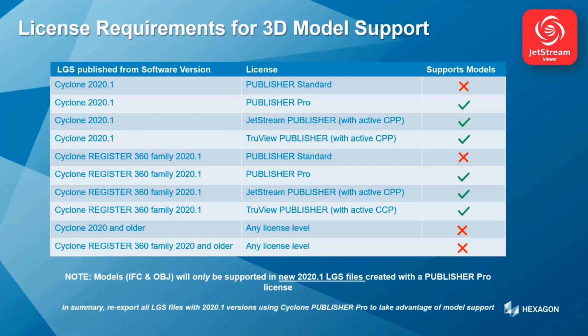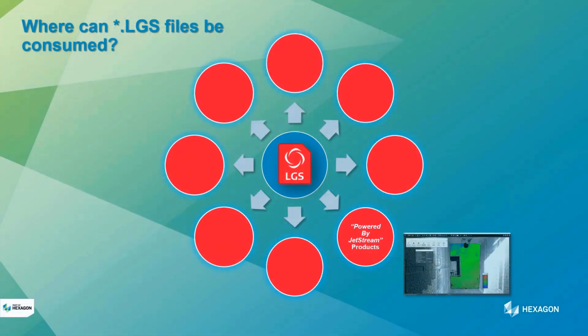So in summary, if you want to take advantage of 3D model support, you're going to have to republish your LGS files using Publisher Pro. I just want to make that really clear. If you come across a file and you're not able to import the model, you will get a warning anyway, but it will be because it hasn't come from Publisher Pro and not with the right license.